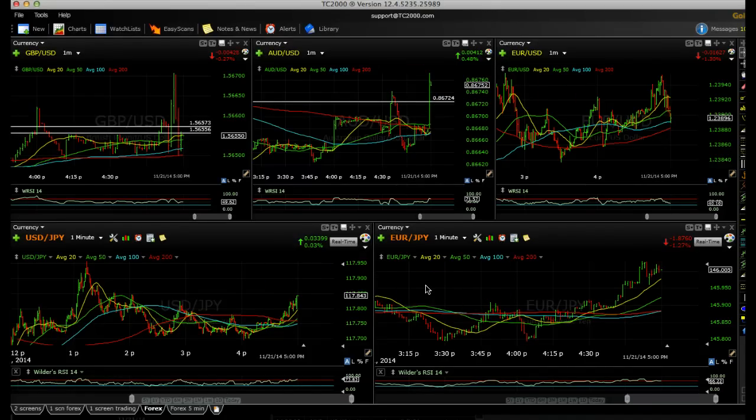Now, I could have picked some other currencies, but the only reason why I chose these 5 currencies is because I like the movement and the volatility in these currencies, as well as NADEX trading them, having hourly expirations on them in the PM.